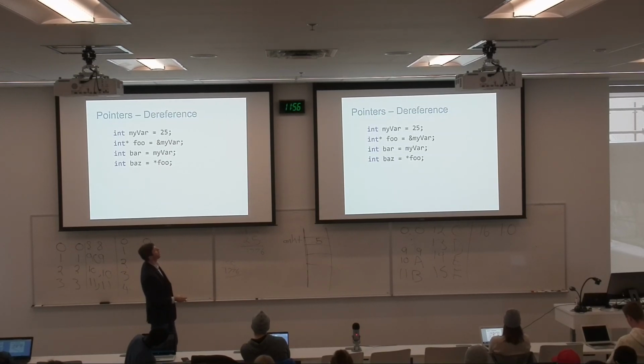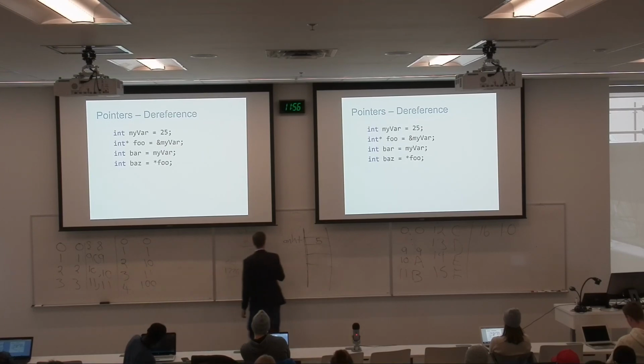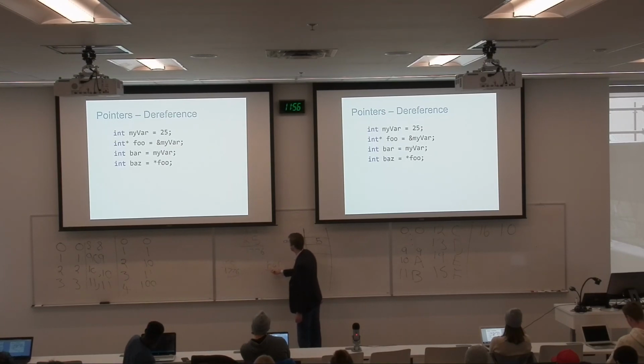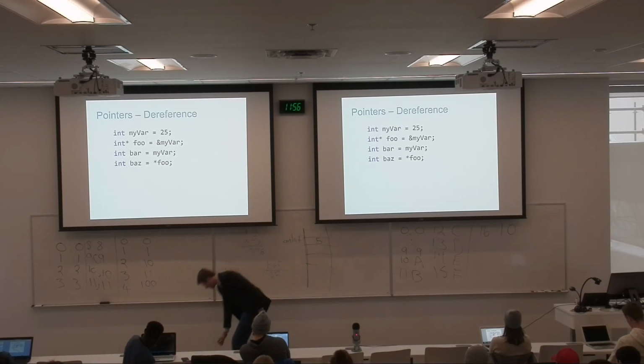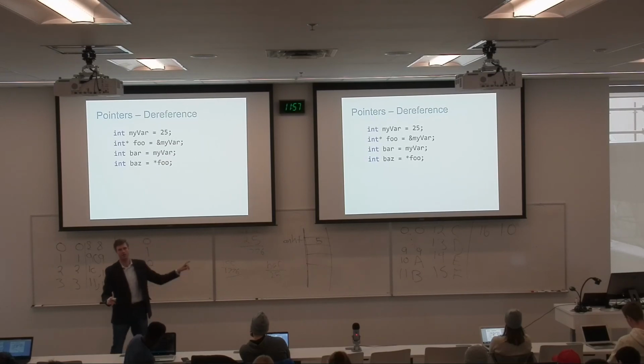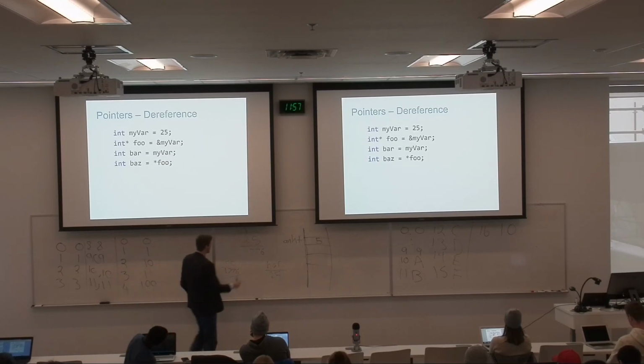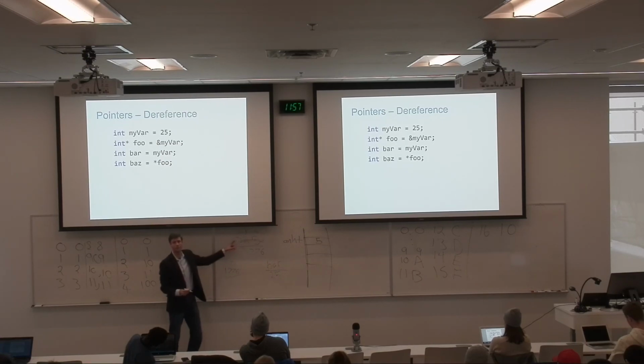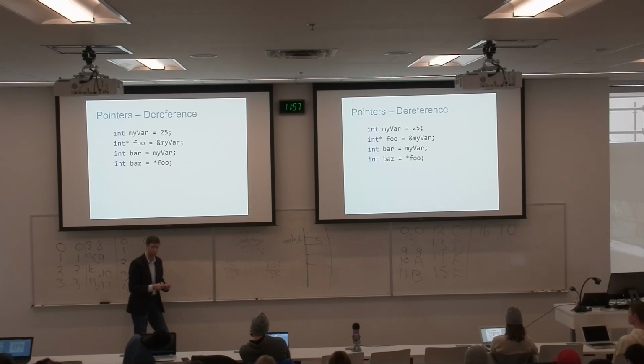Then I say bar equals my var. So I create another one over here called bar, and it's holding whatever is there, 25, because I copied that over. Then again, on that middle secret line of code that's not actually there, I go and change what's in here to be 0. I only change this. This got its value from there, but it's completely independent, it doesn't care what happens here anymore. That's all.